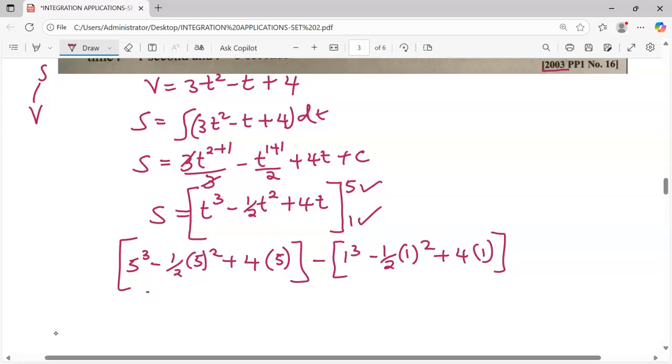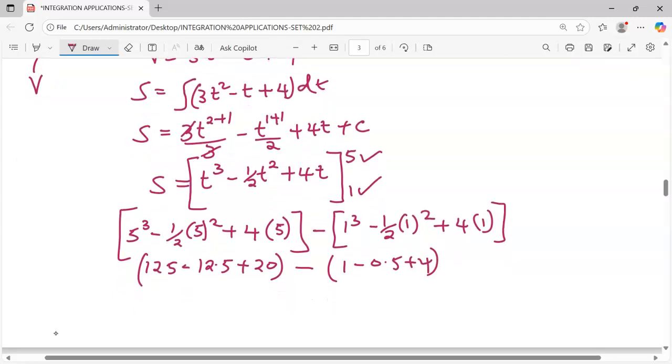5 cubed will give us 125, minus 5 squared is 25 times half will give us 12.5, then plus 20, minus, we are going to have 1 minus 0.5 plus 4.